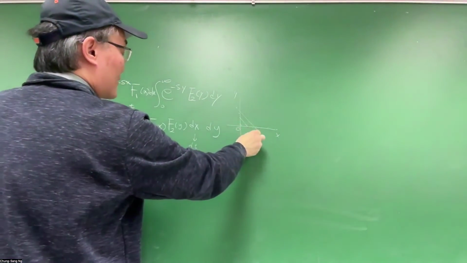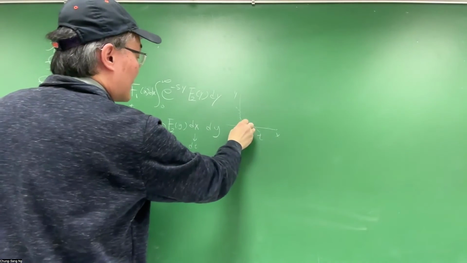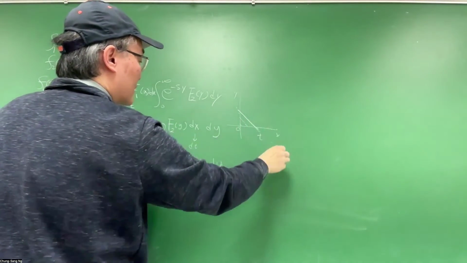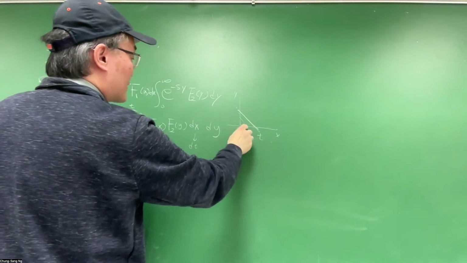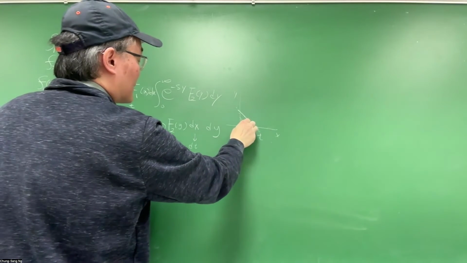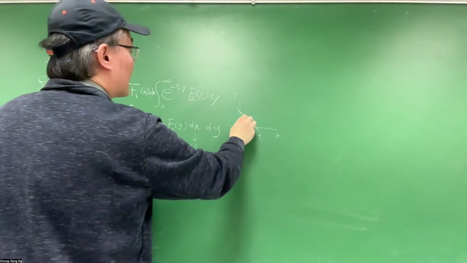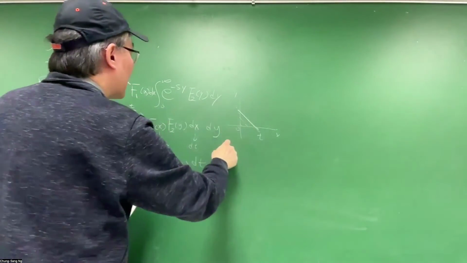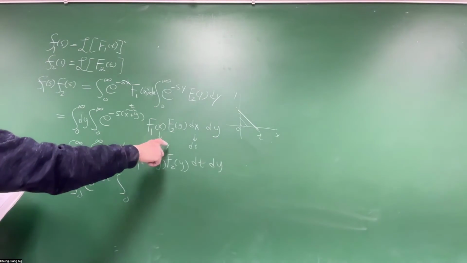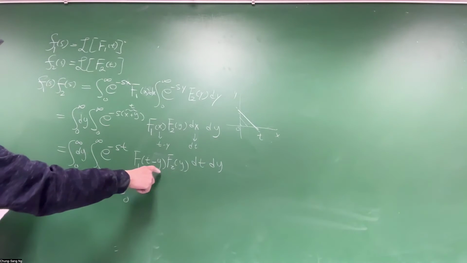So for a given t, say like this line t, right? Originally it is x, so y is integrating from... you don't integrate to infinity. That maybe needs a little explanation.